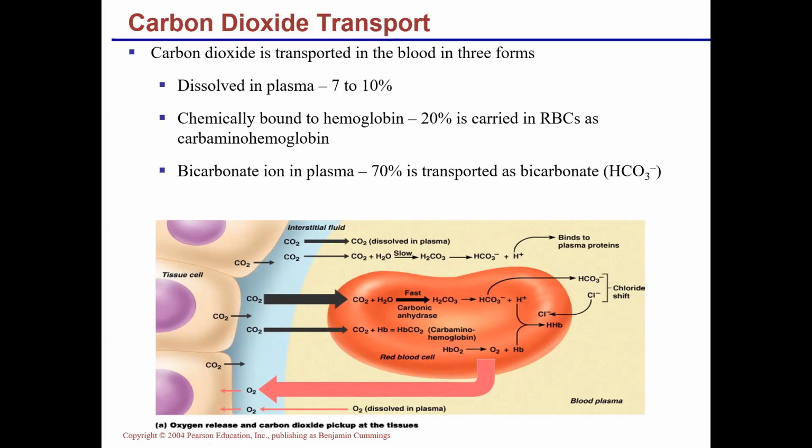Now in the blood, if you have a lot of bicarbonate ions accumulated, it's going to affect the speed of this reaction because you build up the products on this side. For that reason, bicarbonate ions can be transported into the plasma. This part is the plasma. To balance the charges, chloride, the same negative charge, will be transported into the RBC. Once the bicarbonate ions get into the plasma, they can quickly dissolve in the plasma.